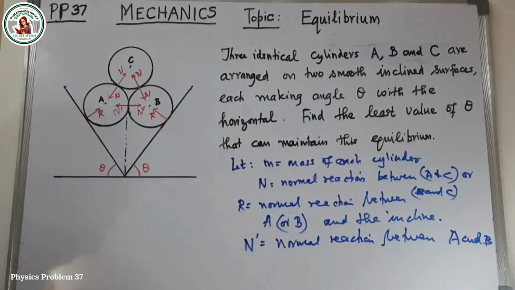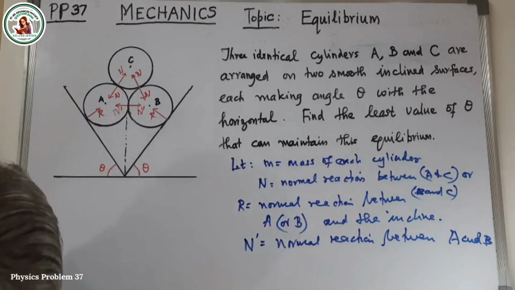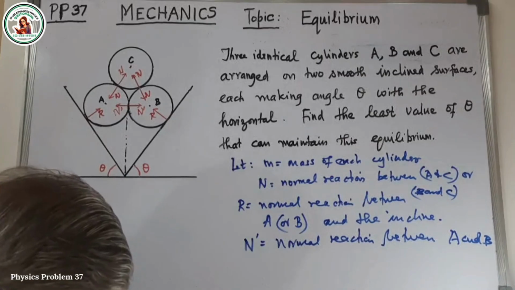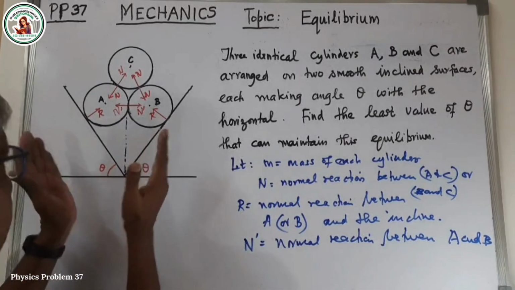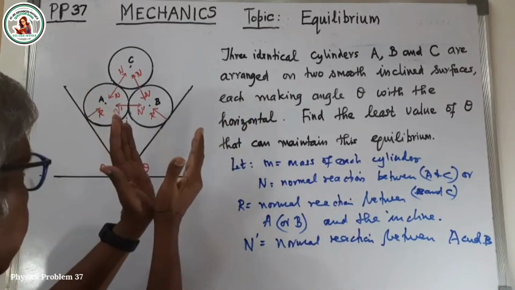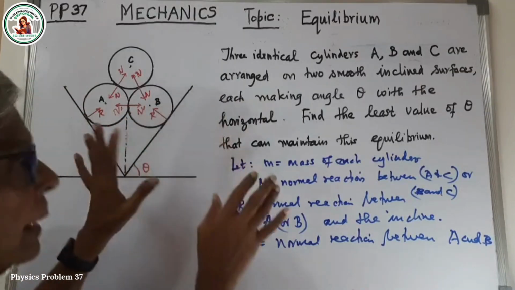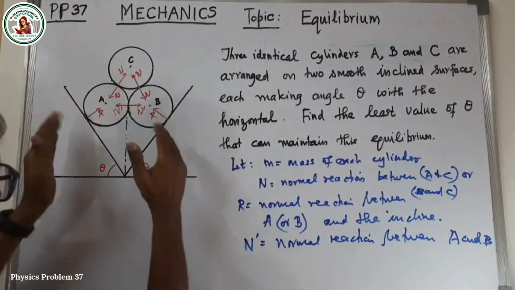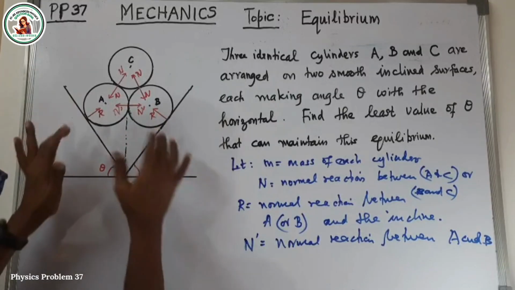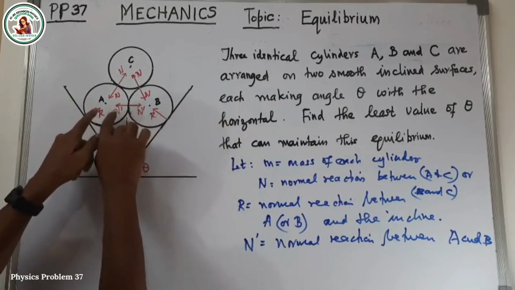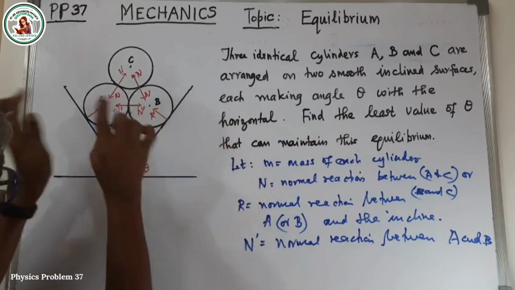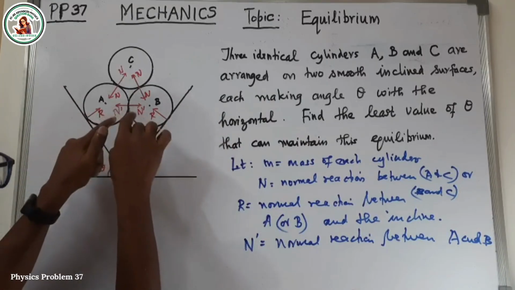Now we come to the criteria at which the equilibrium will be disturbed. Whenever two bodies are in contact, there should be a normal reaction between the two. So as we reduce this theta, at one stage A and B will get separated. That is the time when this N dash becomes 0.